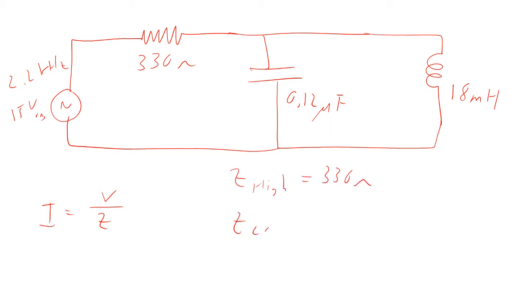But Z at low frequency is also 330 ohms, because then the inductor is going to act like a wire. But we're not at high or low frequencies. We're at 2.2 kilohertz. That's going to be in between the extremes. So we're not going to be at either of those extremes. So we need to figure out what this impedance is going to be.